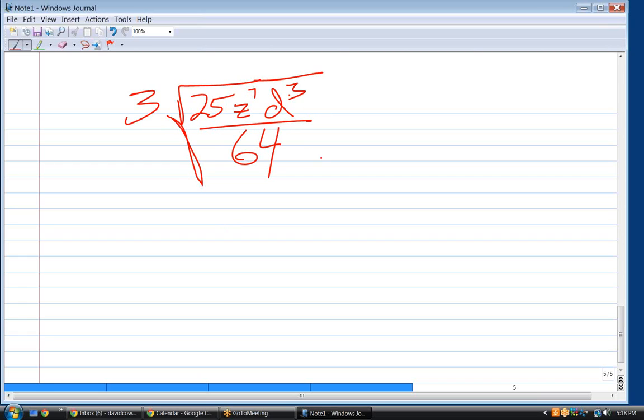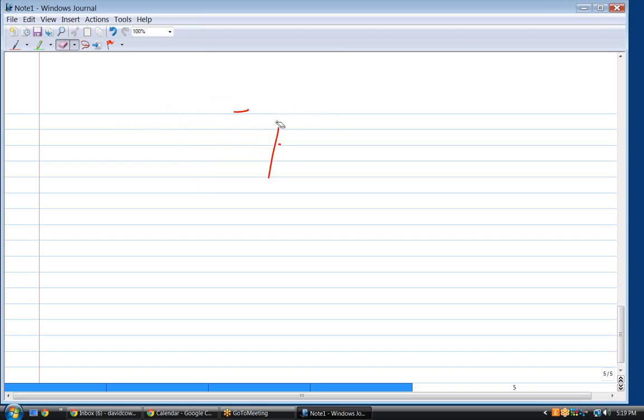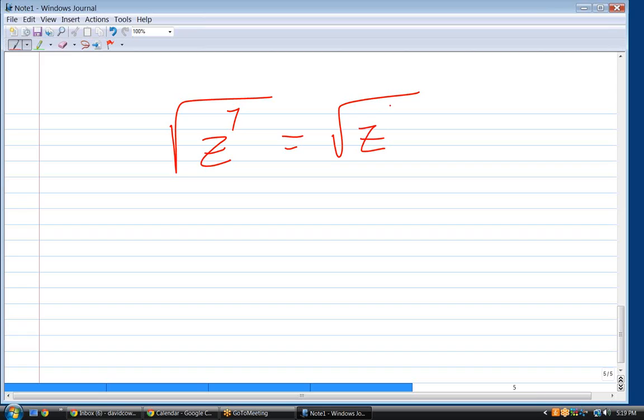All right. Before we do this problem, let's talk about how we handle these variables. In other words, how would I take the square root of z to the 7th? So you'd have to break that up, to the like the 5th maybe or 6th times z.